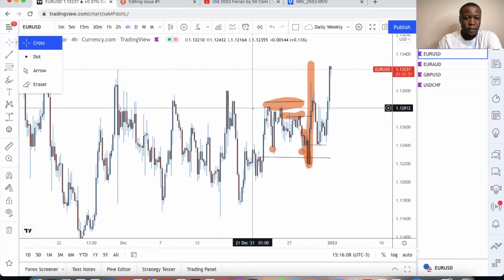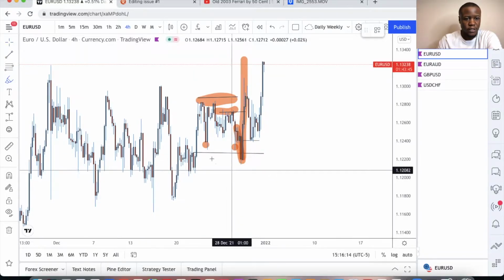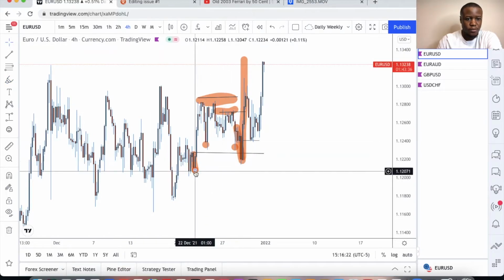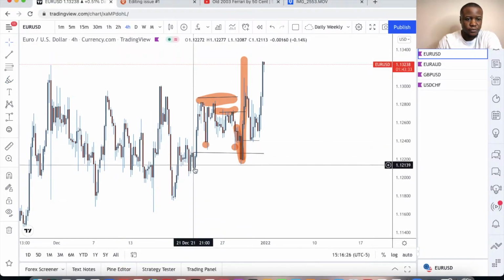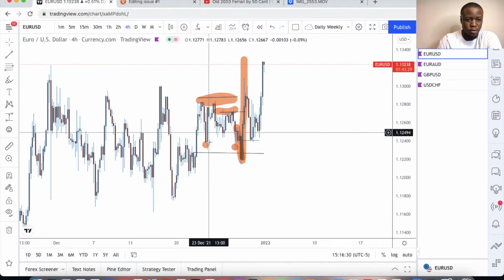We had the 4-hour return candle right here. And you got an impulsive move. That's why I made it a return candle, because there's no pullback right here.